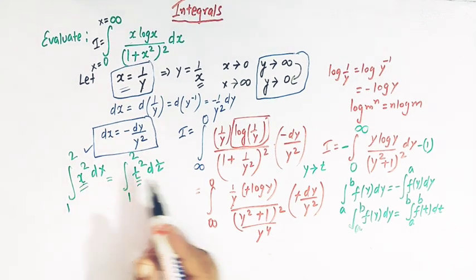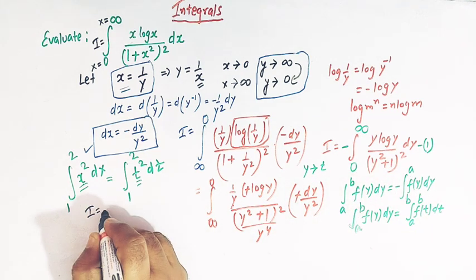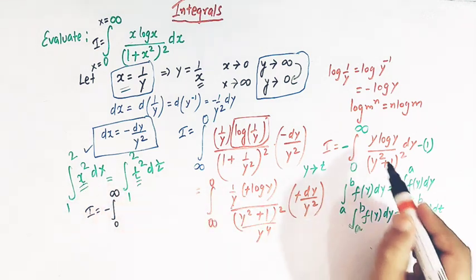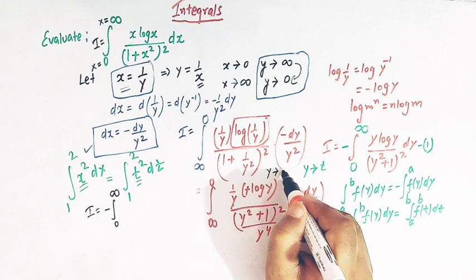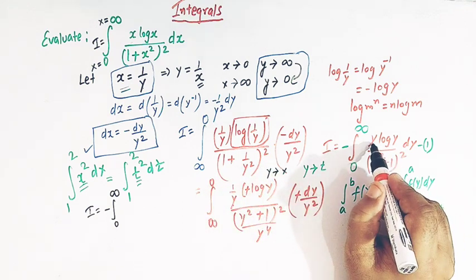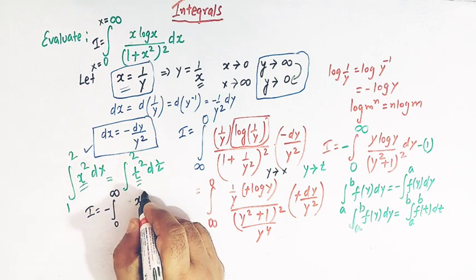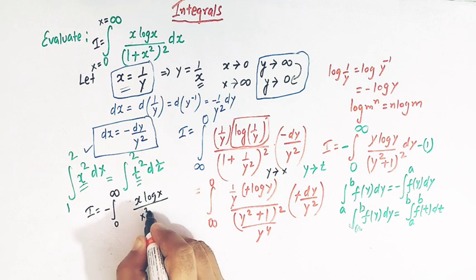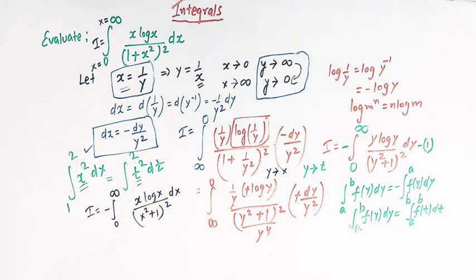So applying this property, we can now write this integral I as minus 0 to infinity, and we can replace y by x, right? So we'll replace the variable y with x. So we have x, then we have log of x divided by x square plus 1 whole square, and here we have dx, right?